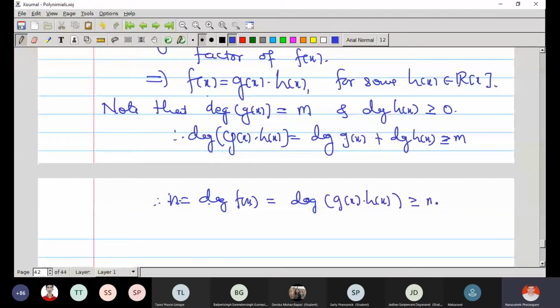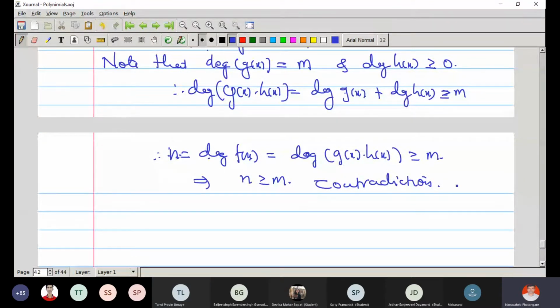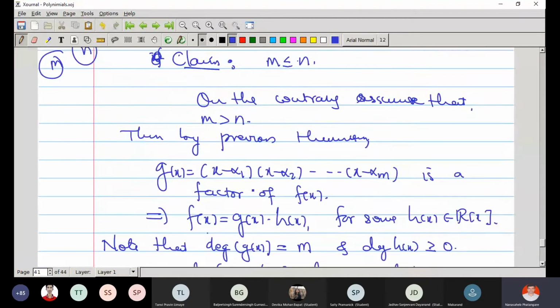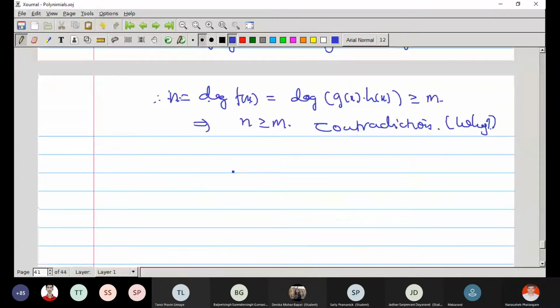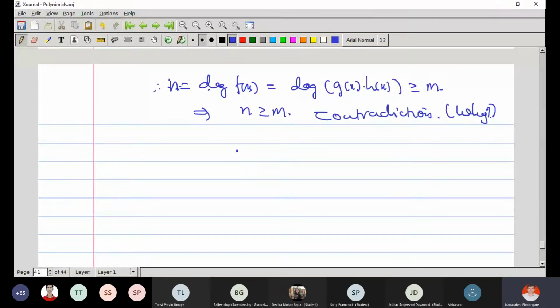What happens? Contradiction. Why? Because we assumed that m is greater than n, but what we found is that n is greater than or equal to m.